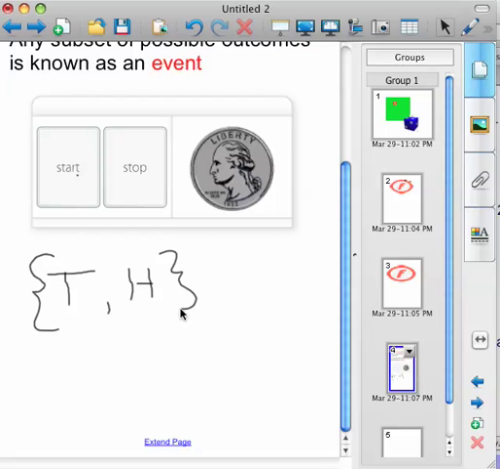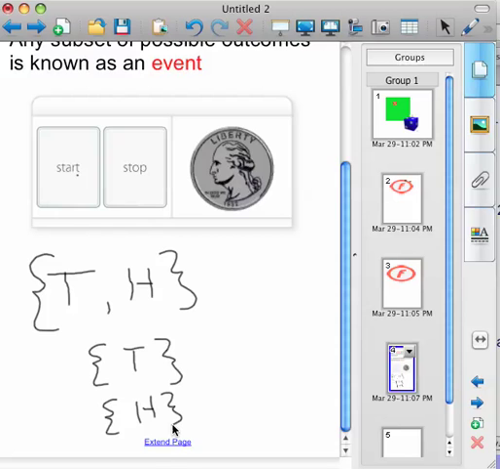So that is our sample space. That's both possibilities. And we could have, for one coin, an event of either a tail, or we could have an event of a head. Okay? So that's the sample space for one coin.